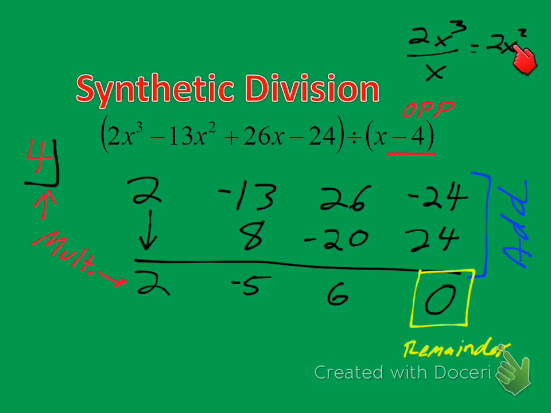Everybody see that? So see how you had 2x cubed on your first one. So now that first term is going to be 2x squared. You go down 1 from what you started with. So it'll be negative 5x, and then plus 6.